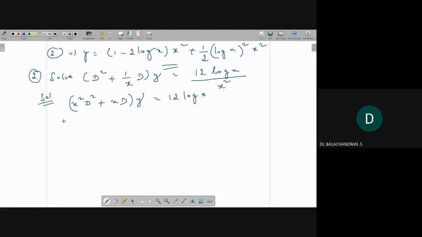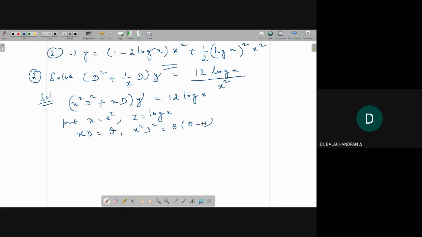Now, so substitute x is equal to e power z and z equal to log x. So xD equal to theta and x square D square equal to theta into theta minus 1.